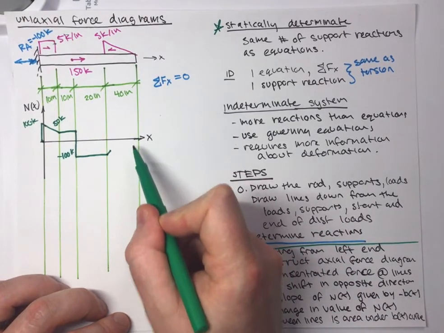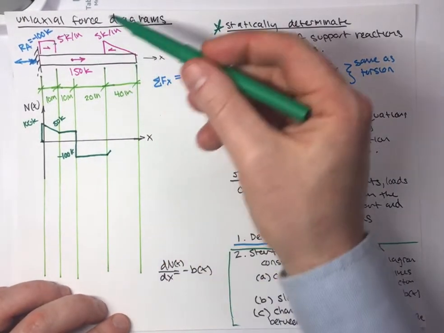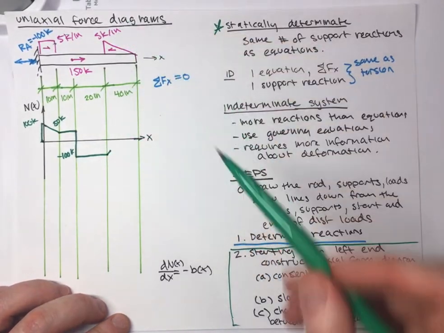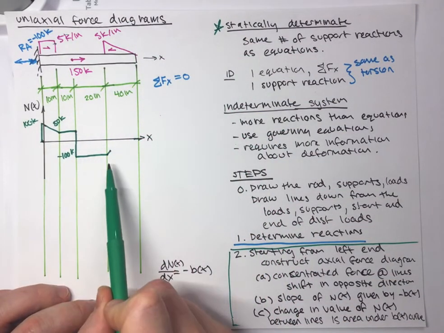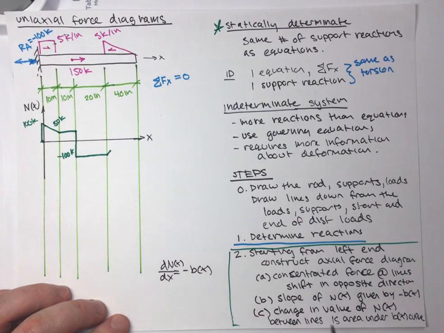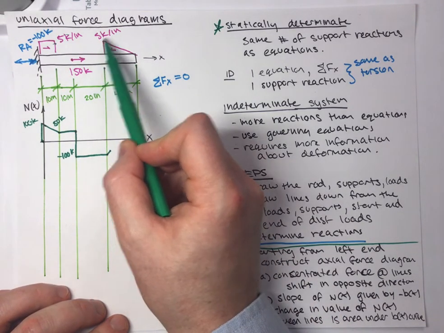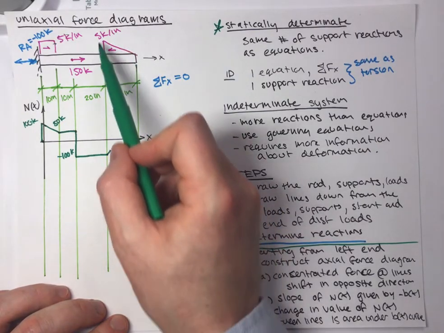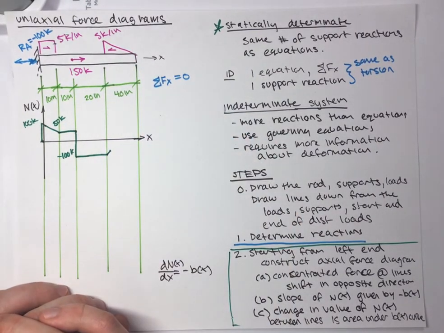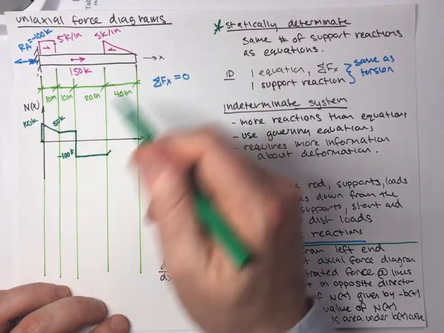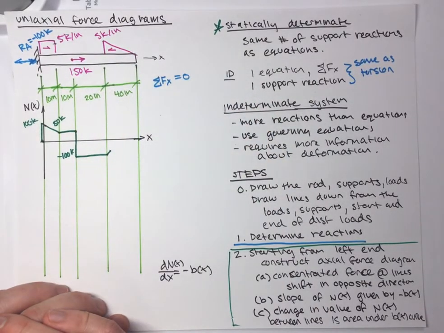We could have drawn it anywhere. We don't quite know where it is yet, but we should be able to calculate what the change in the n of x diagram is from the left to the right side by looking at the area under the b of x curve. This is 5 kips per inch times 40 inches times 1/2 because it's a triangle, right? It's a simple shape, it's a triangle, and that ends up being 100.